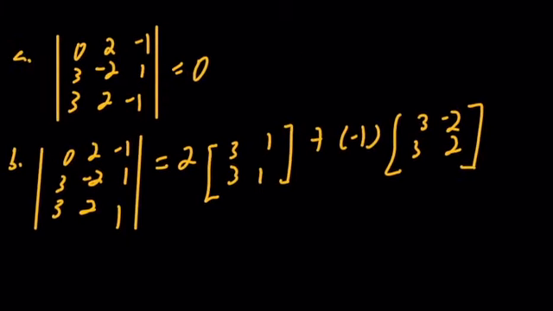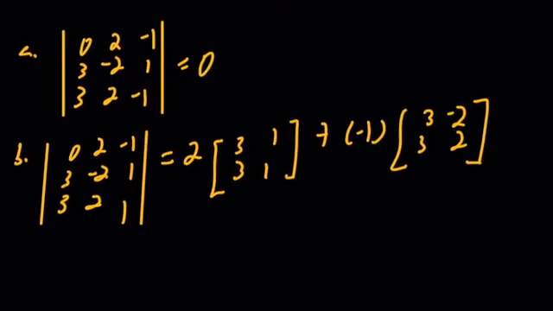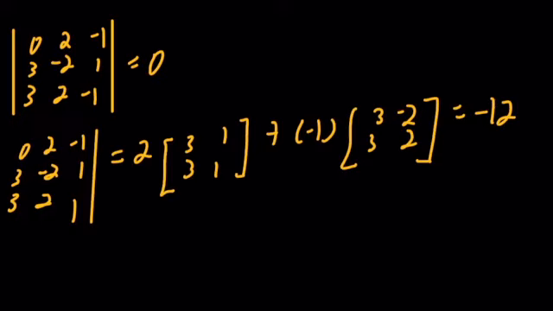Let me just zoom on out for you guys. And as a result, we get -12. And therefore, the matrix in part B has a unique set of solutions. And there you go. We were able to apply the properties of determinants to find the determinant of the inverse of a matrix and integrate that into systems of equations.